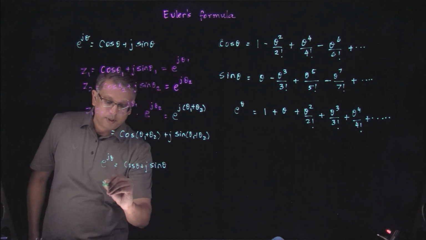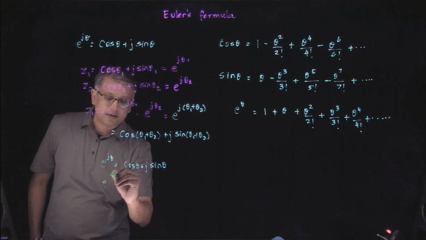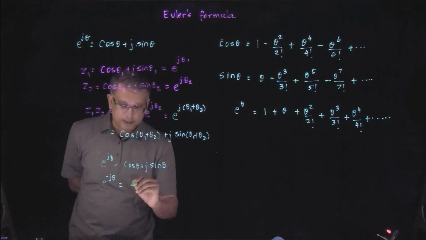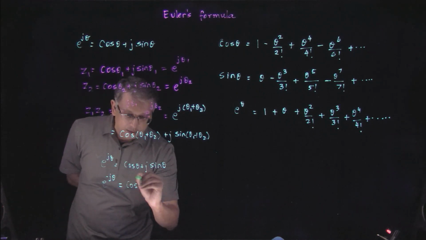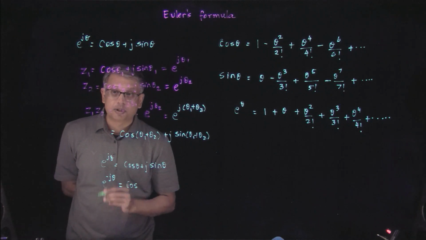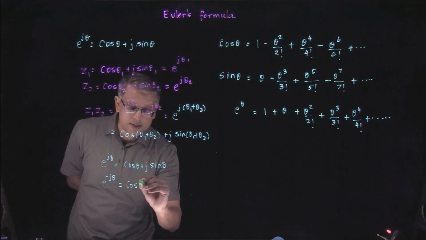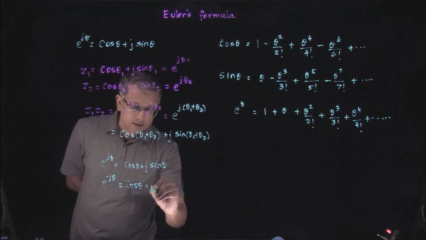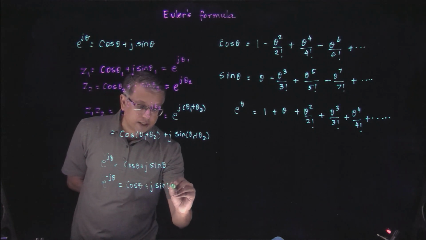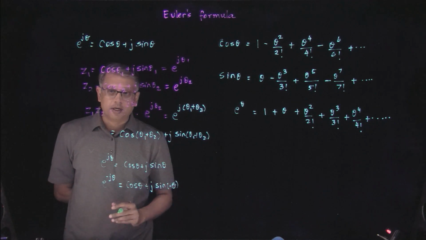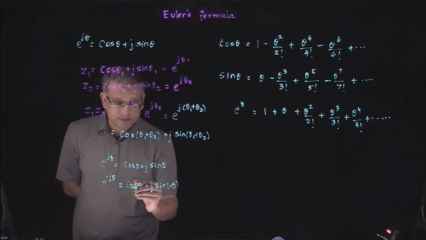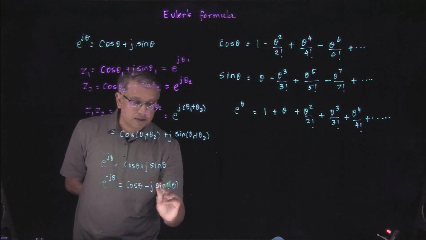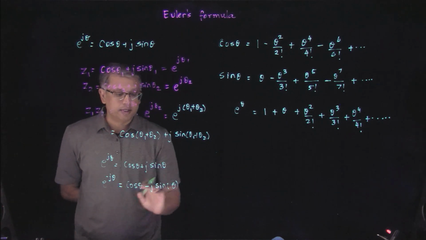So if I replace theta by negative theta, then we get e to the negative j theta is cosine of negative theta, but cosine of negative theta is the same as cosine theta, plus j times sine of negative theta, and sine of negative theta is the same as negative sine theta, right? So this becomes negative sine theta.